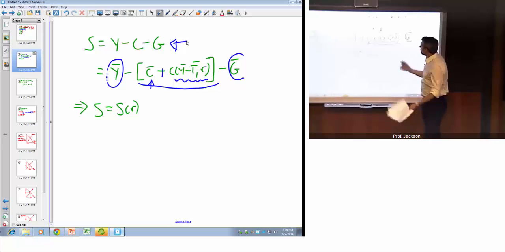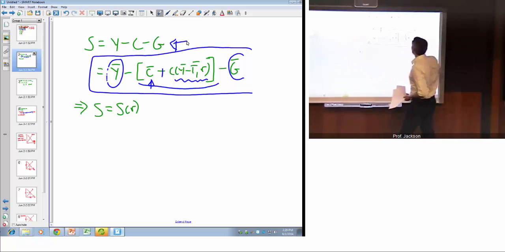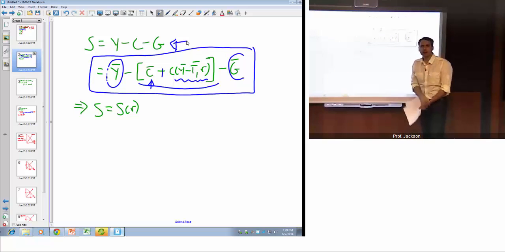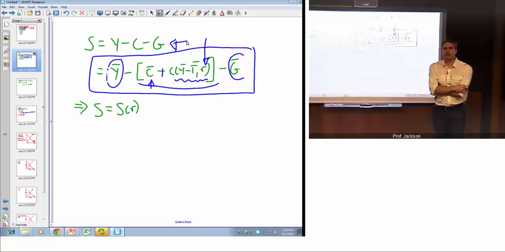So if you put all of these things together, everything in this savings expression has a bar over it except the real interest rate. Everything is predetermined. So savings is completely predetermined except for variation in the real interest rate.